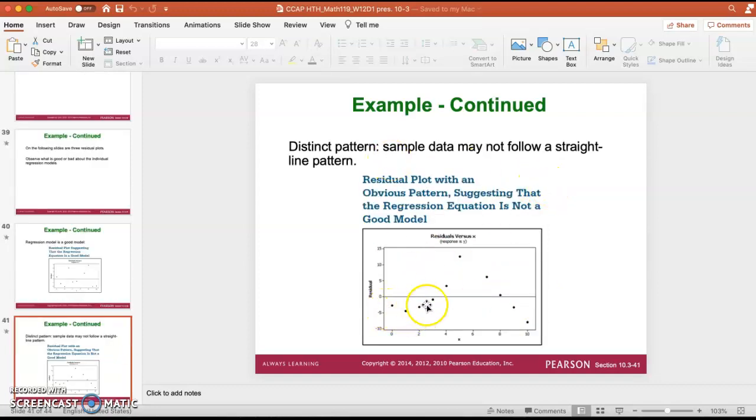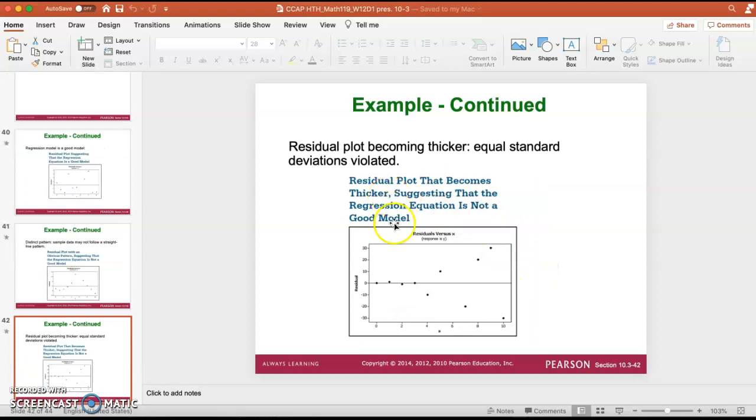And since this residual plot is following a distinct pattern, looks like a wave pattern, that shows that the regression equation you would get this residual plot from is not a very good regression equation. And same idea here, since the residuals get wider, it shows that the regression equation must not be a very good fit.